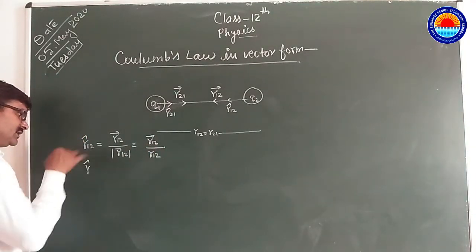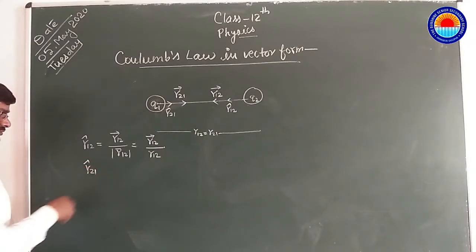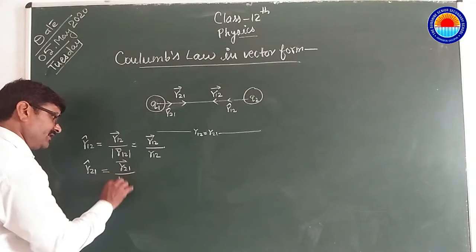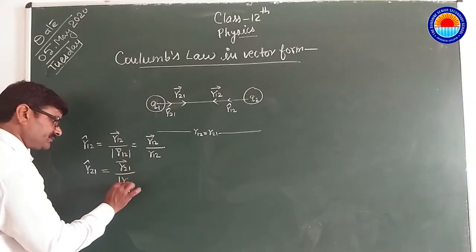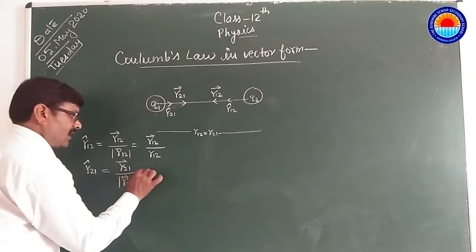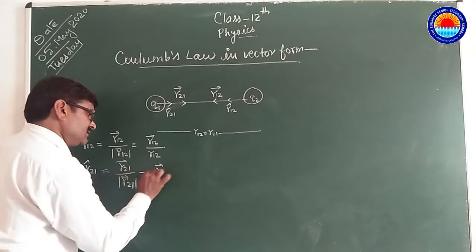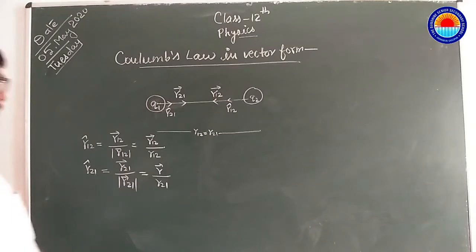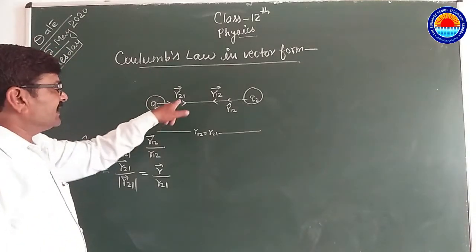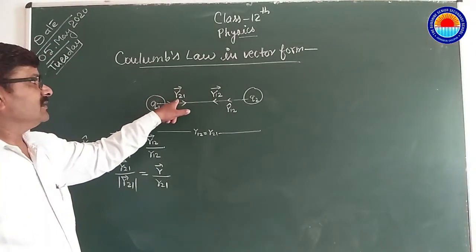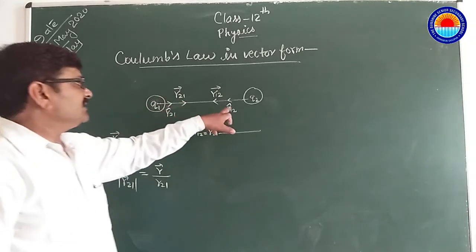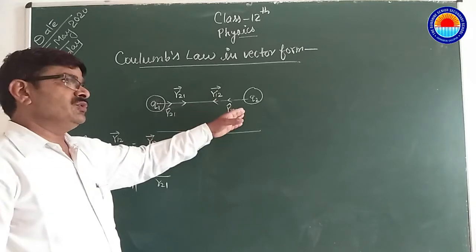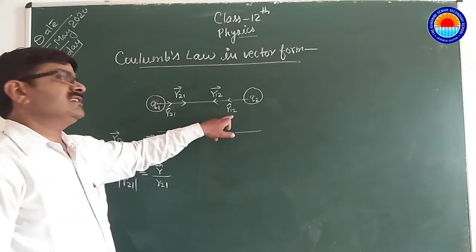Similarly, unit vector R21 cap is equal to R21 divided by modulus R21. This is the direction of the position vector and the unit vector of charge Q2 with respect to charge Q1.